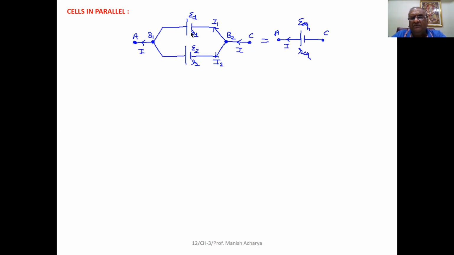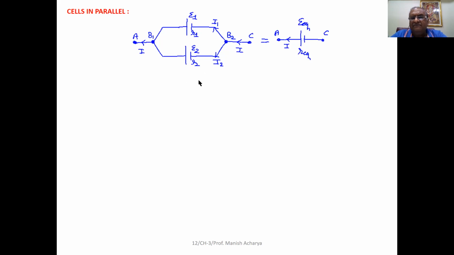Then this type of combination of the cells is known as parallel combination. If the equivalent EMF of the combination is E equivalent and the equivalent internal resistance is R equivalent, then this is the equivalent circuit.